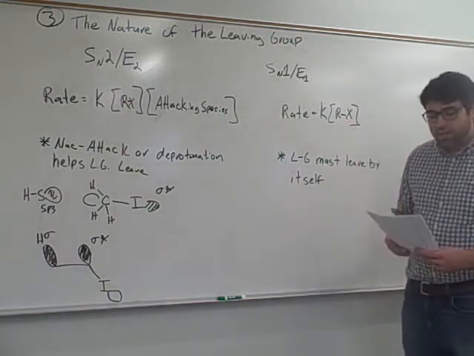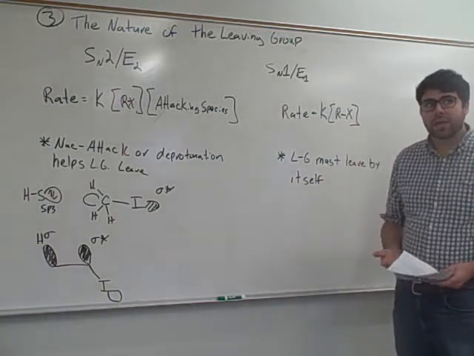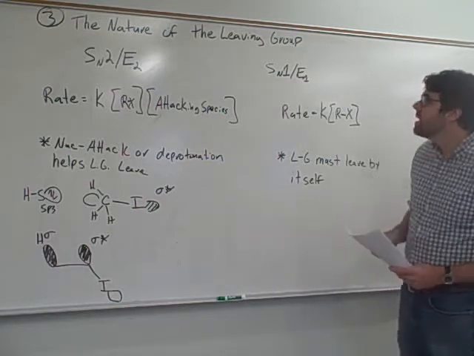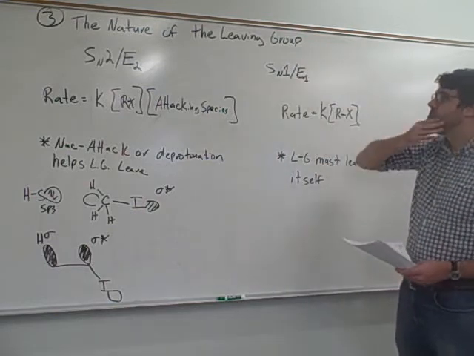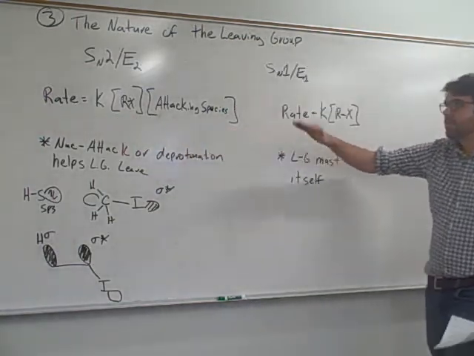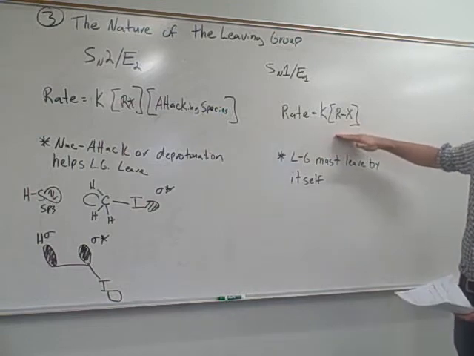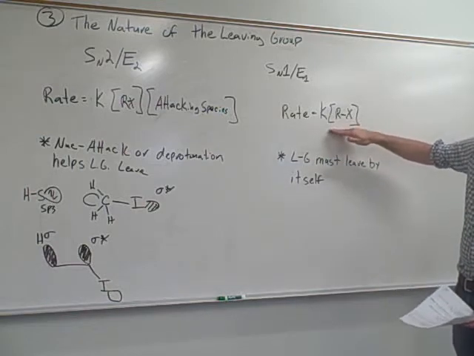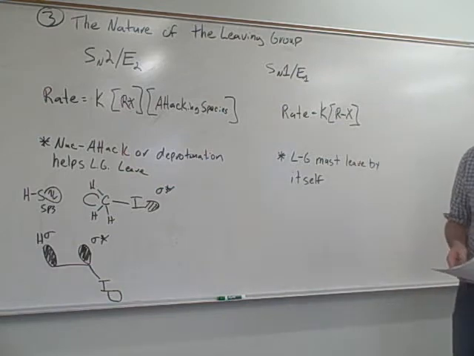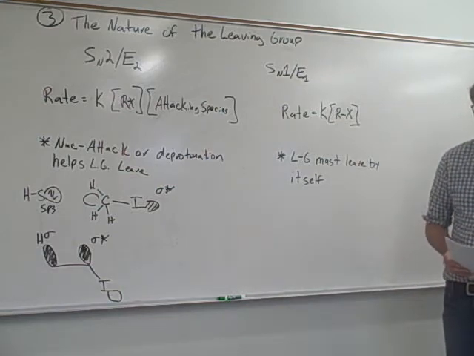So welcome back. The third control lever we have for SN1 versus E1 versus SN2 versus E2 is the nature of our leaving group. Here I've again written up our rate laws for the SN2-E2 and the SN1-E1. For the SN1-E1, we know for a fact that the nucleophile doesn't play a role in the rate determining step of this reaction.